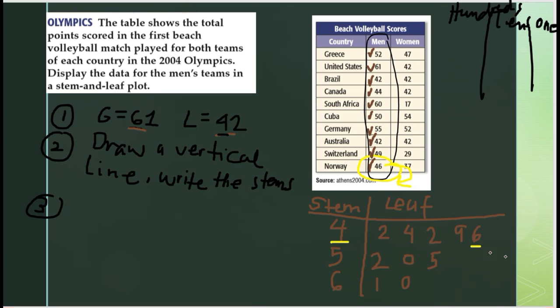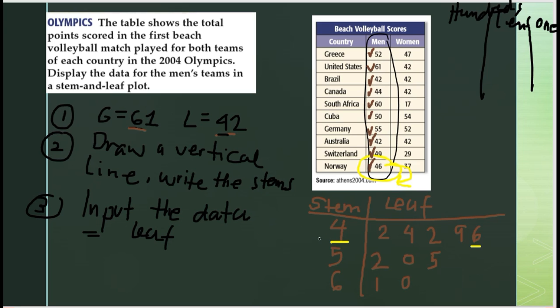So 46 is right here. So this is our third step: input the data, using the leaf part.